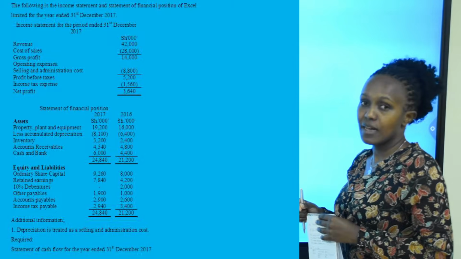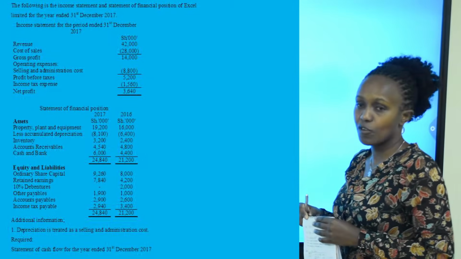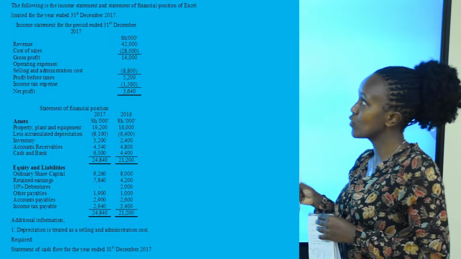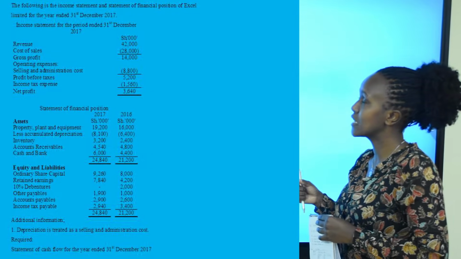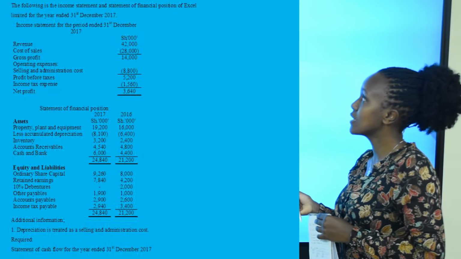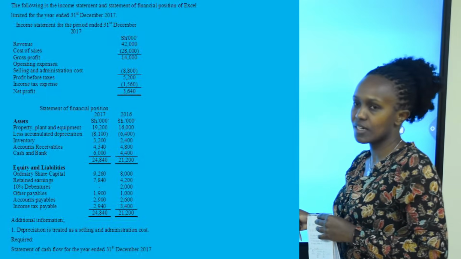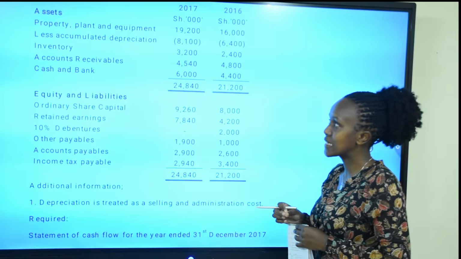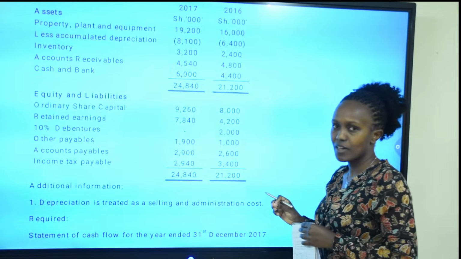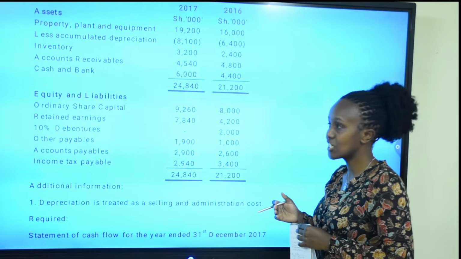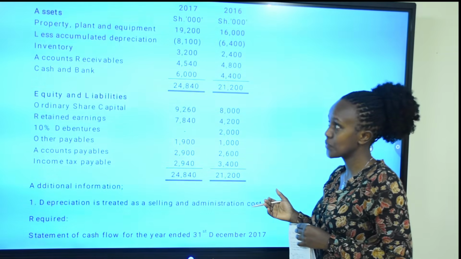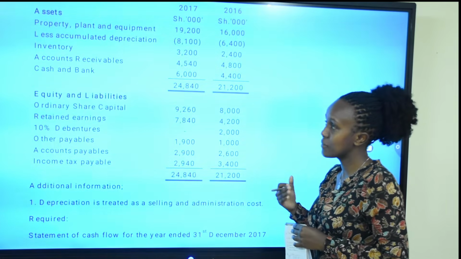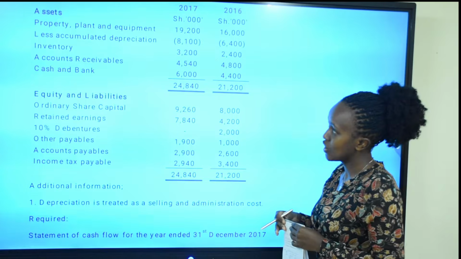So the PPE are increasing, meaning there was a purchase of PPE, and the purchase of PPE was of an amount of 3,200, reflected by the difference between 16,000 and 19,200. Being a purchase of PPE, that reflects a cash outflow. It means that there was an outflow of cash in the organization. Because you purchase, you get the asset and the money decreases. So that is a cash outflow.